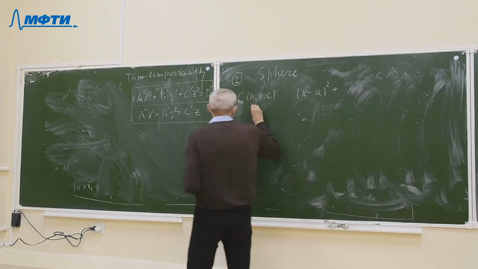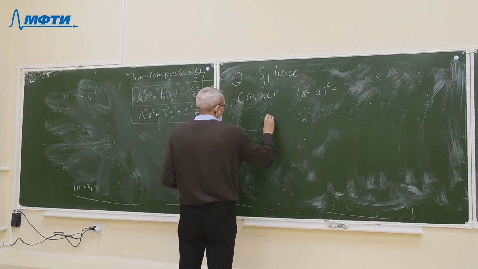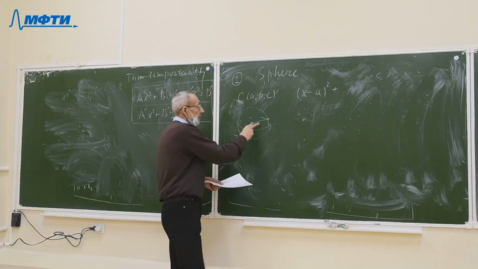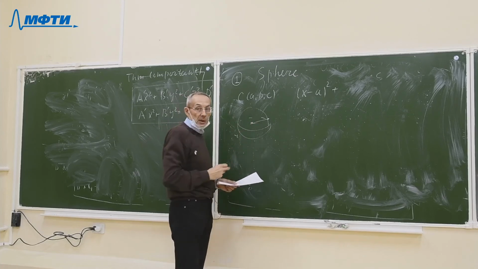The sphere is a set of points in space for each of which the distance between this point and some distinguished point C is constant.